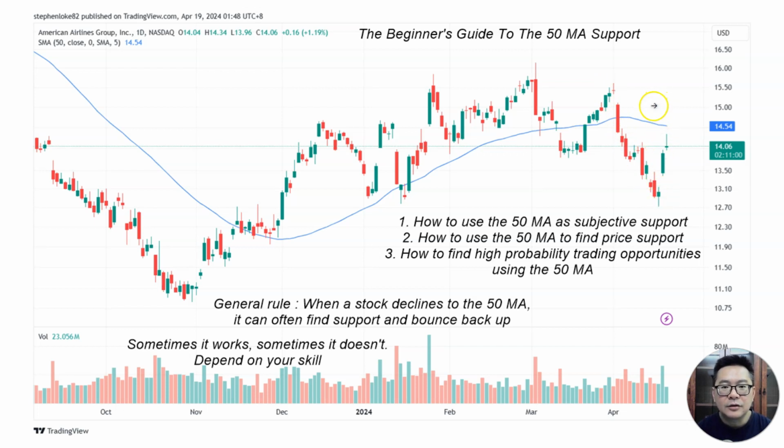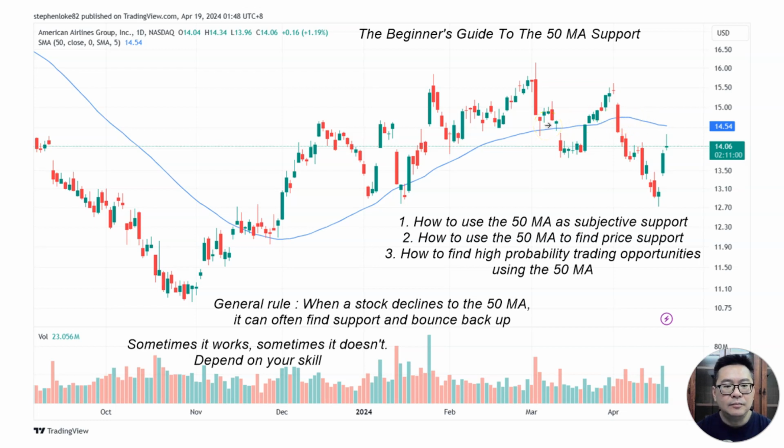So if you were a beginner trader looking at the 50 MA, you would take this trade and lose money, then take this trade and lose money, and then you think, hey, what the textbooks, the gurus and experienced traders teach does not work. It works one time, but the other two times it does not.